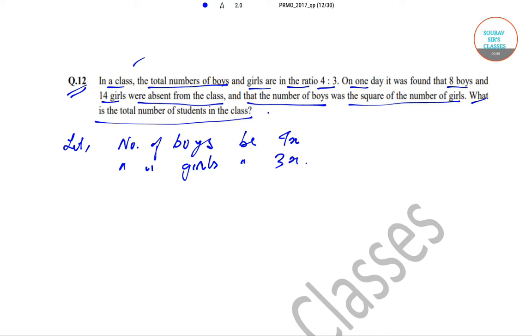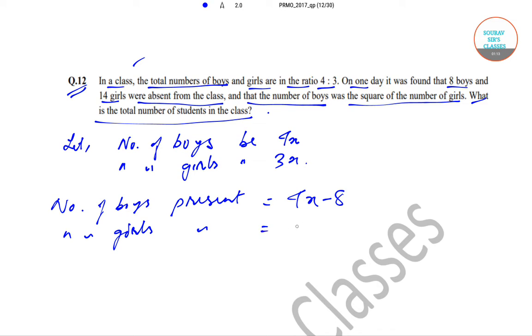So number of boys present is basically 4x minus 8 and number of girls present is equal to thrice x minus 14.